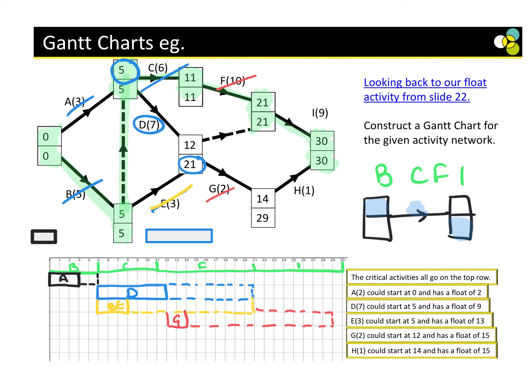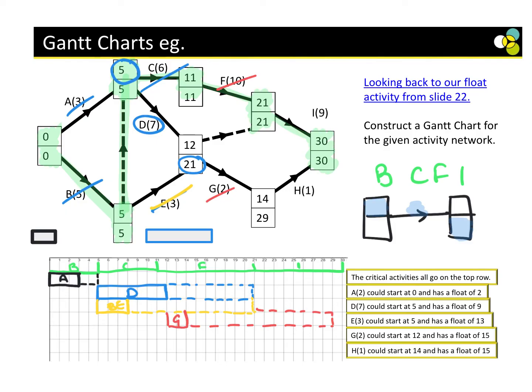All of this, because you remember when we looked at this as a graph. For example, I is dependent on D and E. Yeah, look at I. It's dependent on D, E, and F, actually. Yeah?